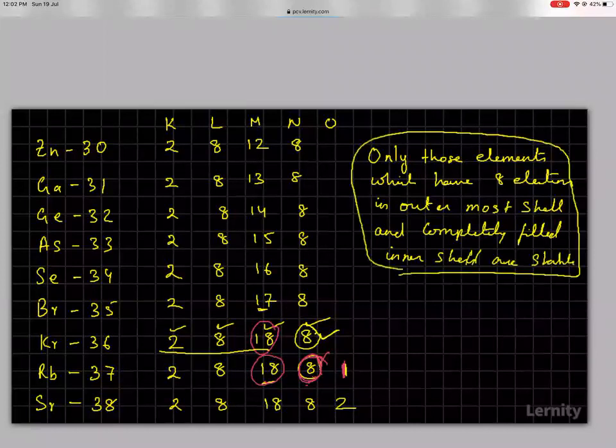Only those elements which have 8 electrons in outermost shell and completely filled. This is very, very important.